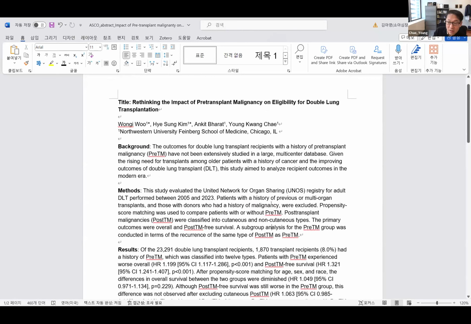So maybe just like what we did with Hesong's data, you can do a double lung transplant and then put colon semicolon and then write analysis of 23,000 double lung transplant recipients or something like that.